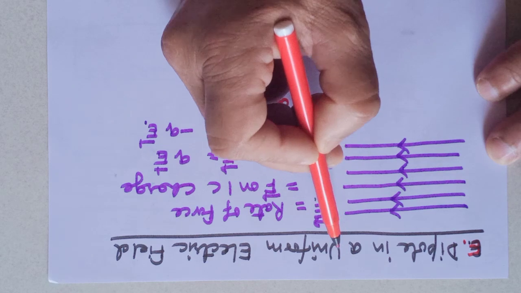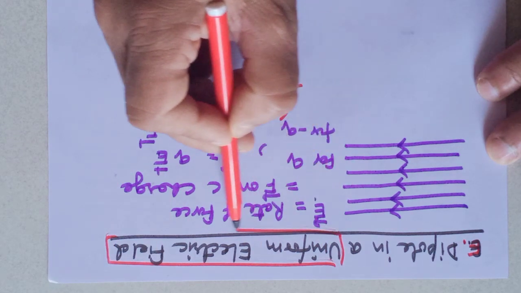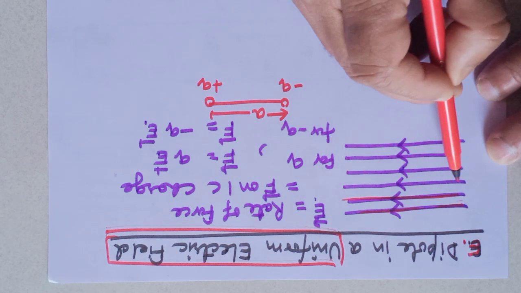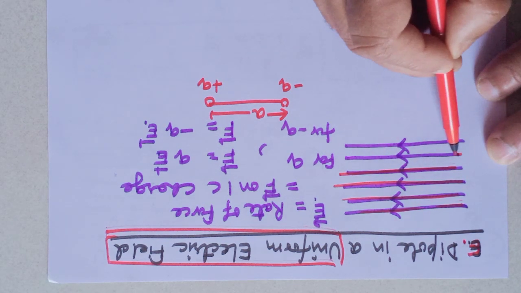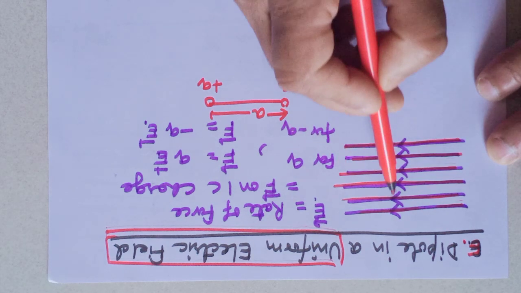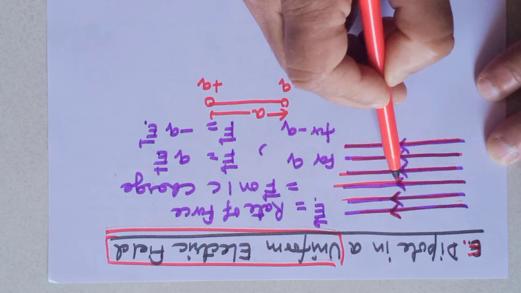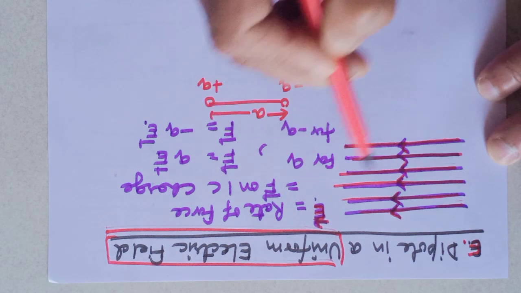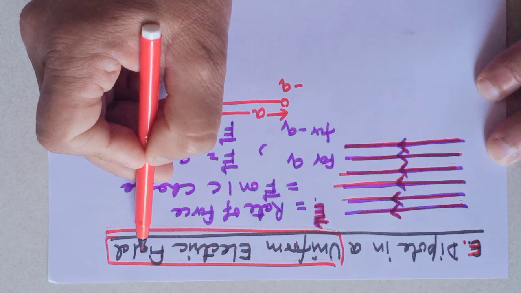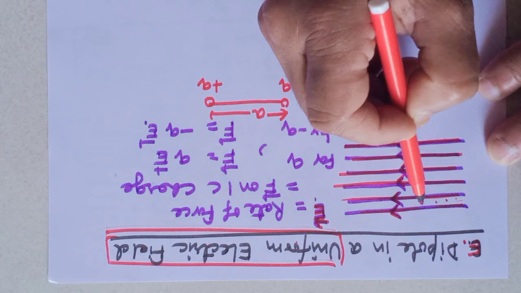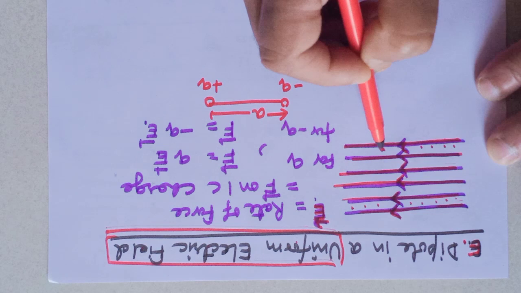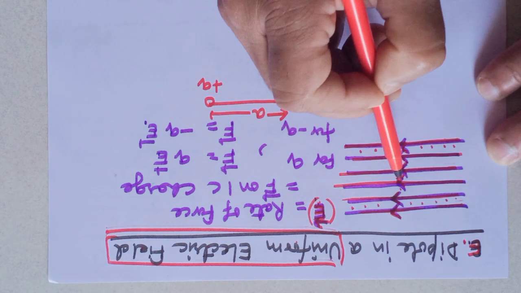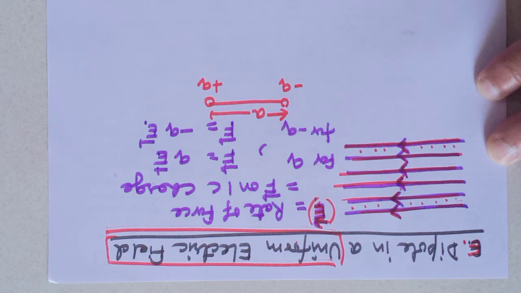Now, a uniform electric field is a field which is shown by parallel lines. The arrowhead shows the direction of the electric field, and uniform electric field means at every point of this field the value of E and direction are the same.